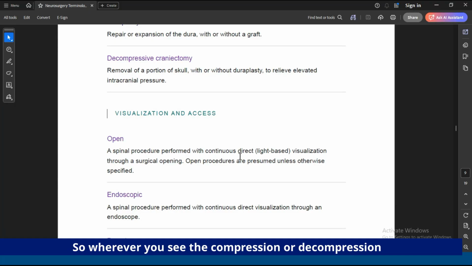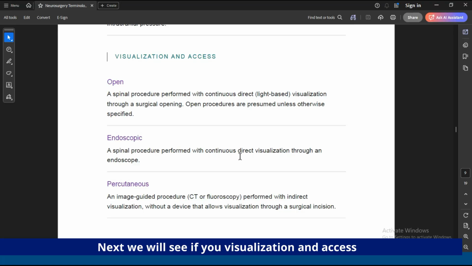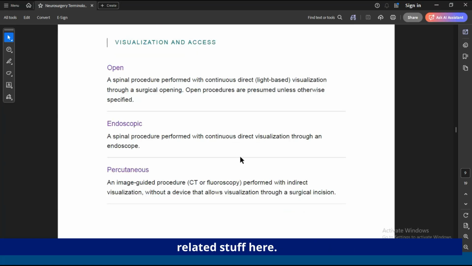So wherever you see decompression or decompressive, you need to understand that the pressure inside the brain or on the nerves is being reduced. Next we will see a few visualization and access related terms. So open, a spinal procedure performed with continuous direct visualization through a surgical opening. Open procedures are presumed unless otherwise specified.